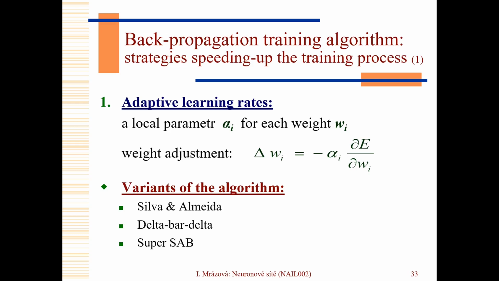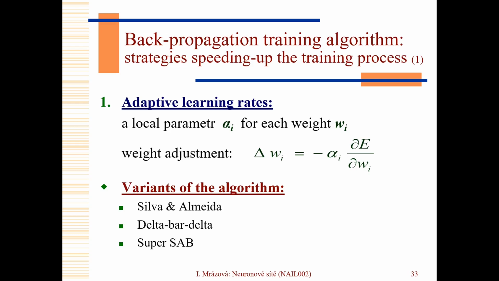In this part of the video, we will show three variants of the general algorithm. The first one will be the algorithm designed by Silva and Almeida that allows us to change the parameter values according to the position in the error space.